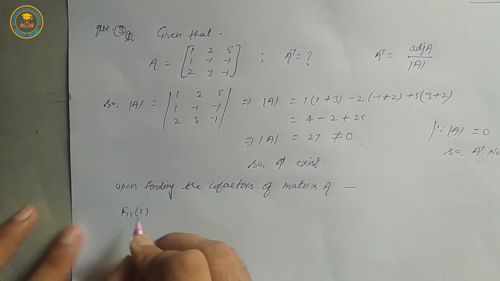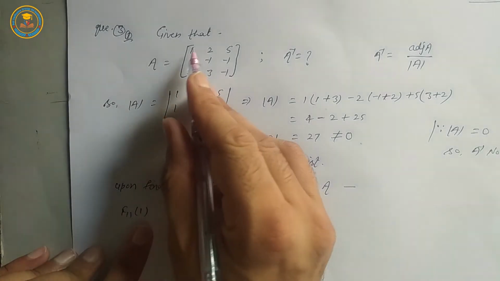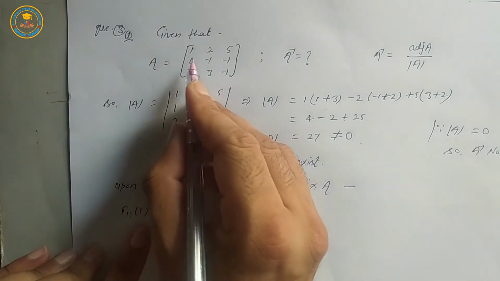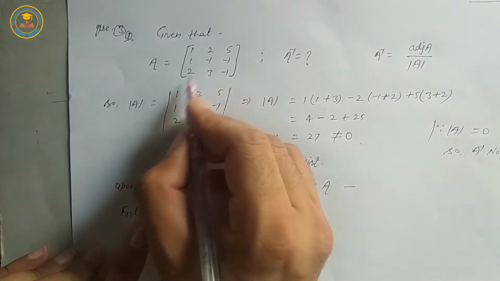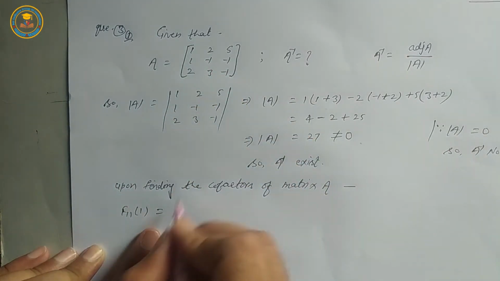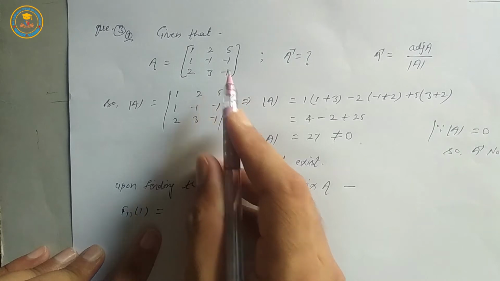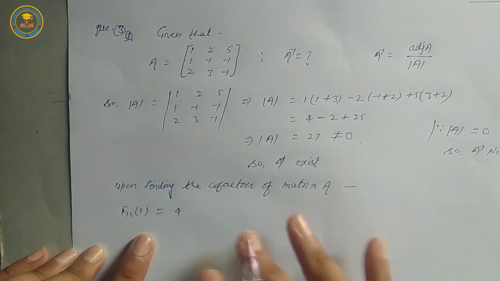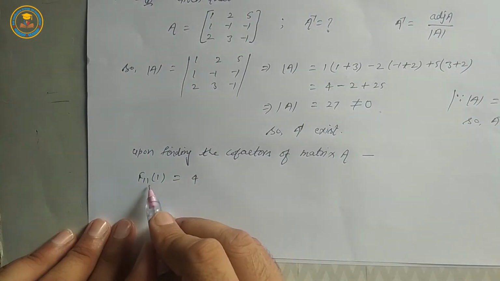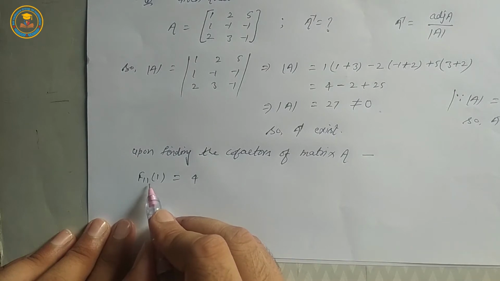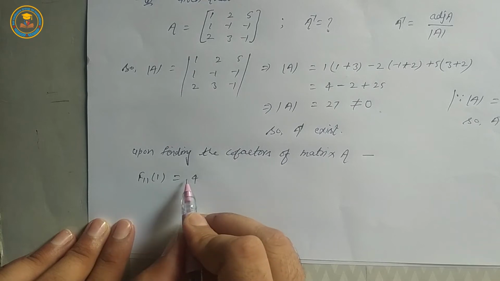F11, cofactor of element 1 is equal to 1, leaving the corresponding row and column, minus 1 times minus 1 minus minus 3, it means 4. 1 plus 1, 2, even number, it means plus.